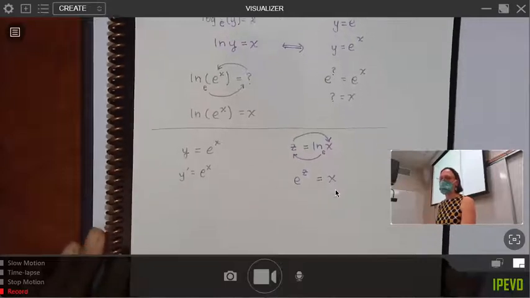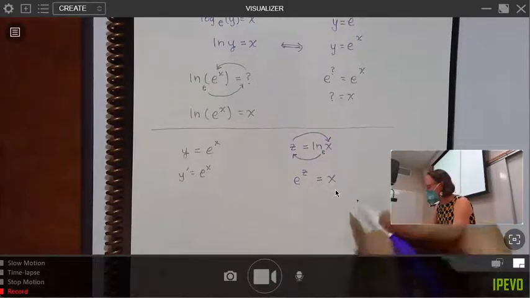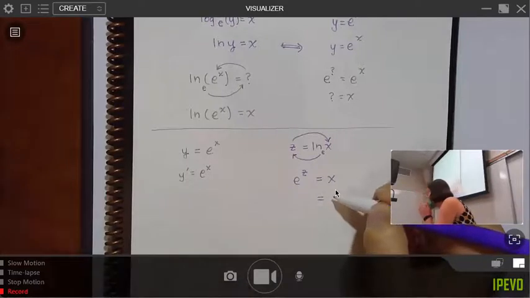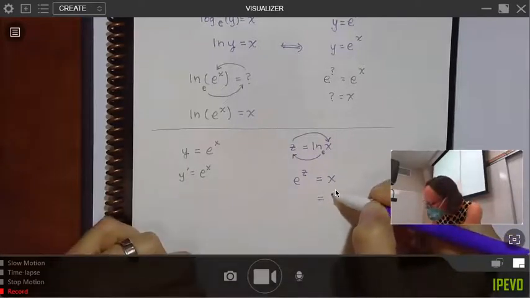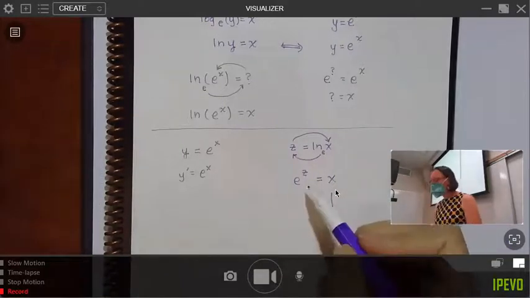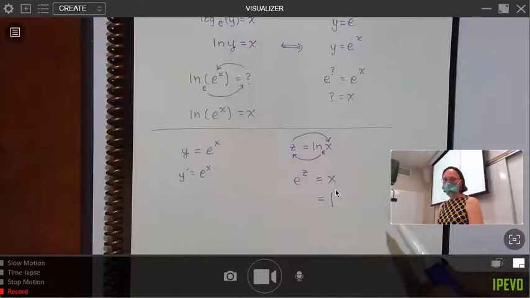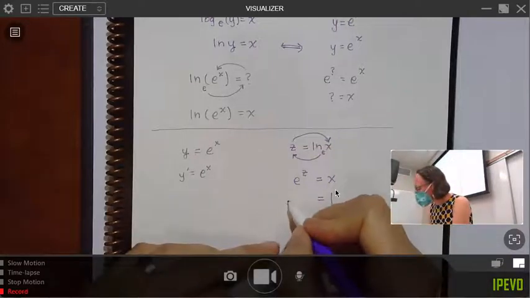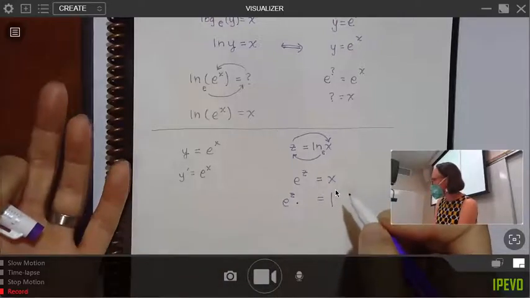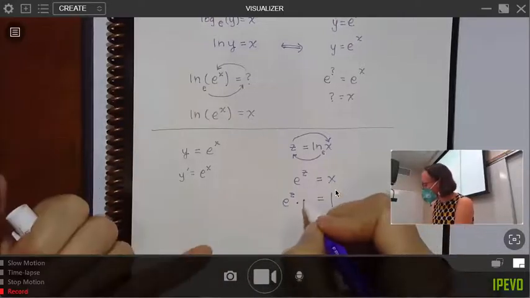Let's do the easy side first. What is the derivative of x? Not a trick question. Yes, thank you. And we know that when we take the derivative of an exponential, we get e to the stuff times the derivative of the stuff. I'm just going to write that as z prime.